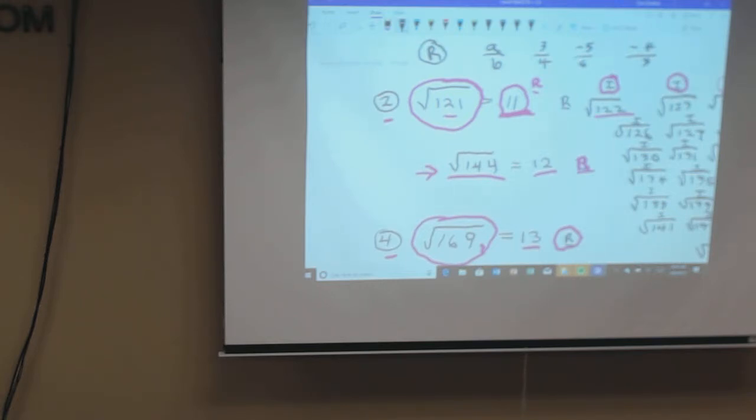And if I expressed each one of those, if I took my calculator and turned it into a decimal, I would have 3 divided by 4. Anyone know what I get? 0.75.